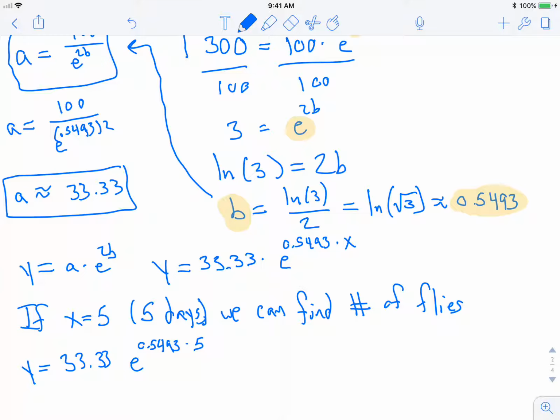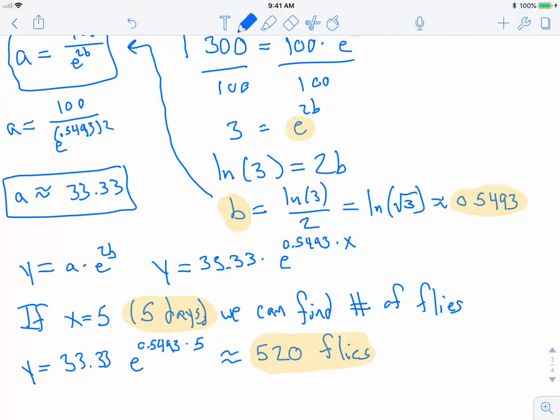And again, everything's sort of solved, so all we have to do is plug this into a calculator, and we'll see that the answer is y is about 520 flies. So after 5 days, we can expect 520 flies.